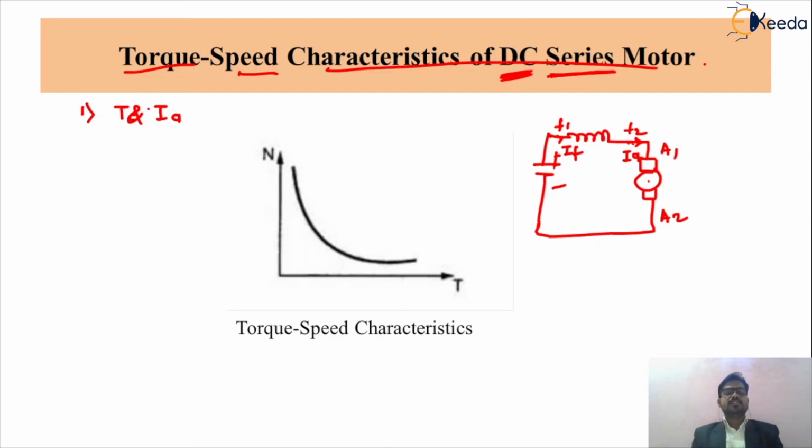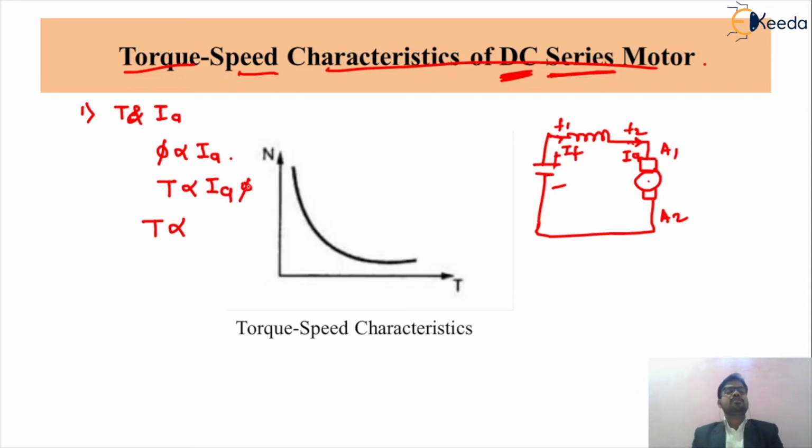The basic concept is that flux is directly proportional to the armature current. So the fundamental relationship is that torque is directly proportional to Ia. In terms of torque, torque is directly proportional to phi into Ia.